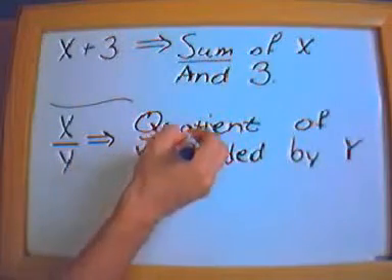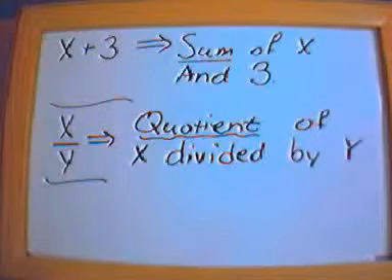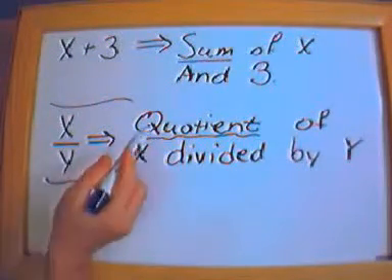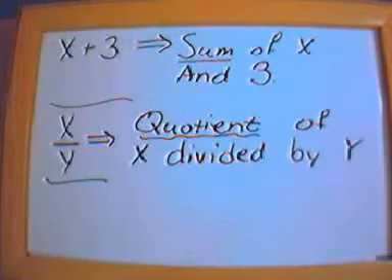Quotient is the term meaning division. So I'm trying to help you focus on these words that translate into definite things in algebra. When you see the word quotient, you should be thinking division. When you see the word sum, you should be thinking addition.